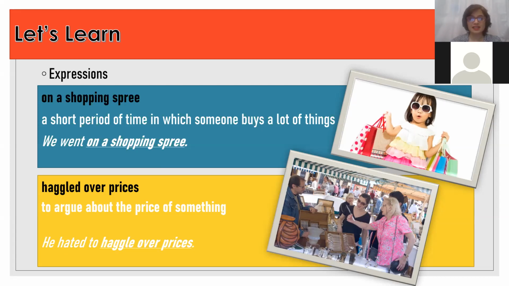Now, what about the second expression? Haggled over price. To argue about the price of something. Yeah, and what's the sentence? He hated to haggle over prices. So, what do you understand exactly? Look at the picture. What are they doing? Arguing about prices.